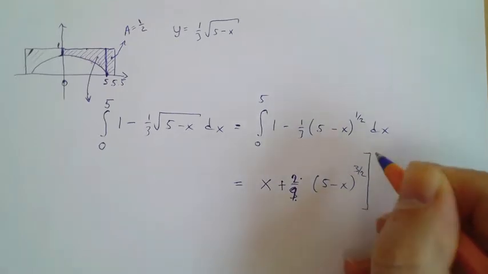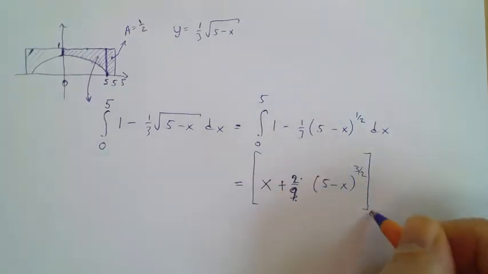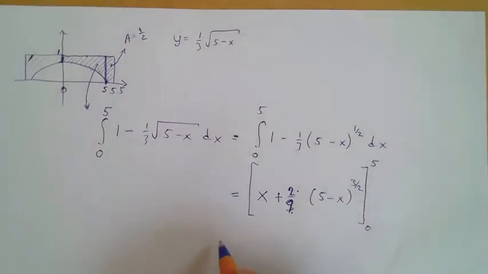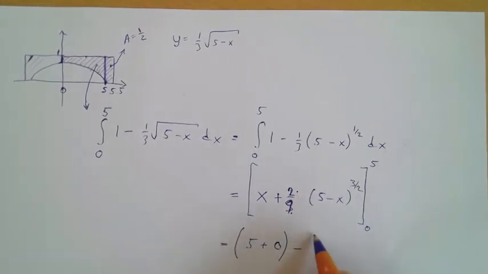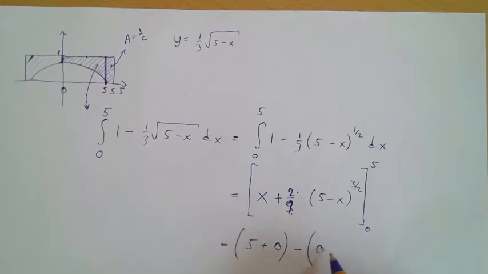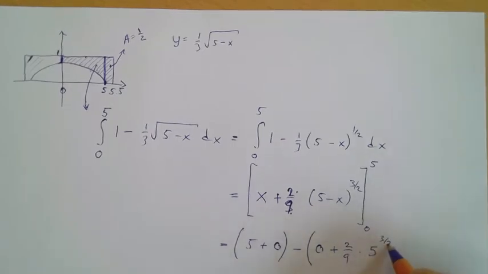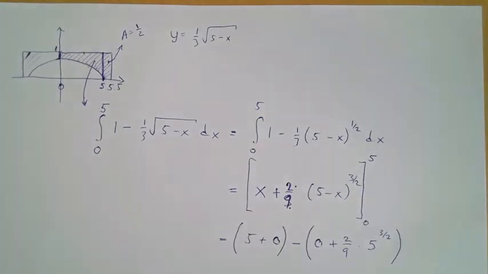And I'm integrating from 0 to 5. So let's see what this gives us. 5 plus 0 minus 0 plus 2 over 9 times 5 to the power of 3 over 2.